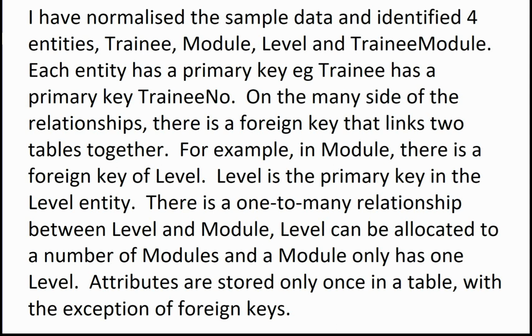For example, in module, there's a foreign key of level. Level is a primary key in the level entity. There's a one-to-many relationship between level and module. Level can be allocated to a number of modules, and a module only has 1 level. Attributes are stored only once in a table, with the exception of foreign keys.